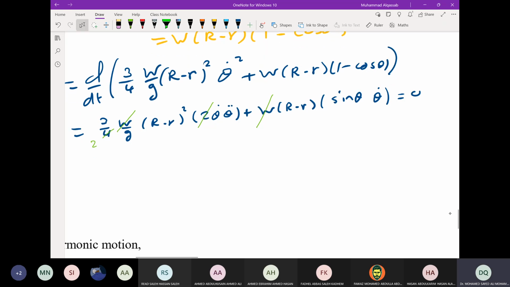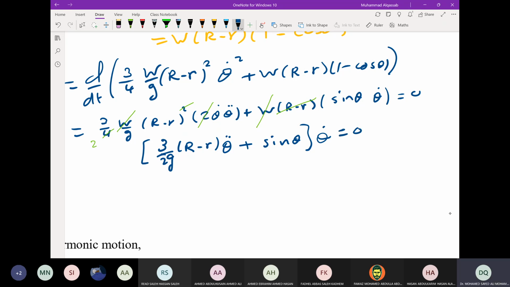So it will be 3/4, I mean 3/2 over g, and one of the (R minus r) brackets will cancel out. So it will be (R minus r) multiplied by theta double dot plus sine theta only. And all this is multiplied by theta dot.